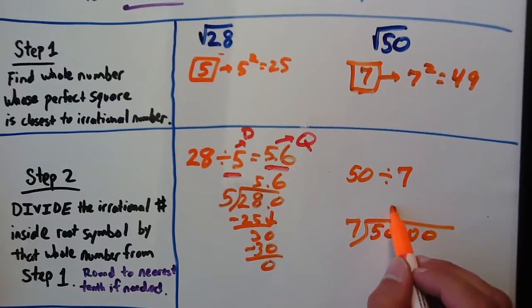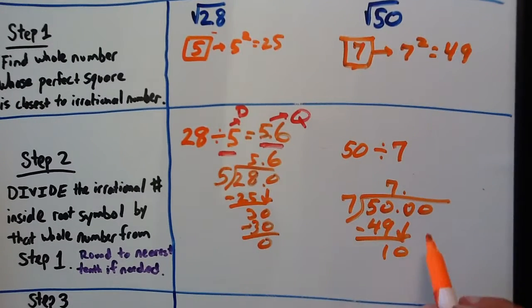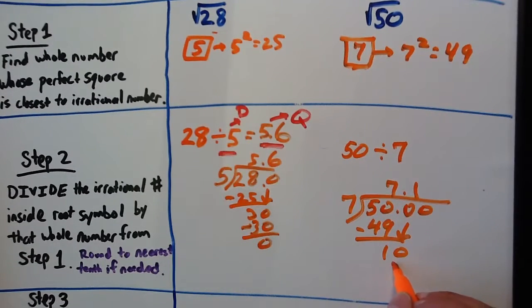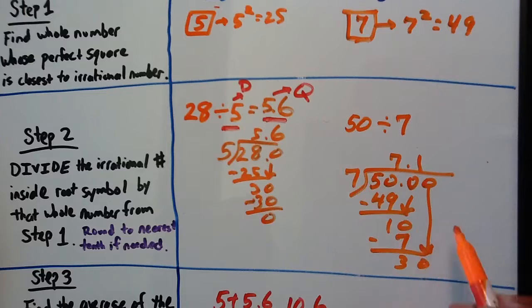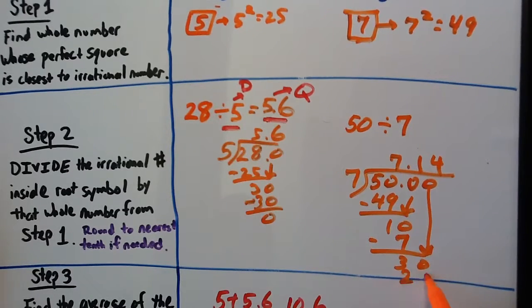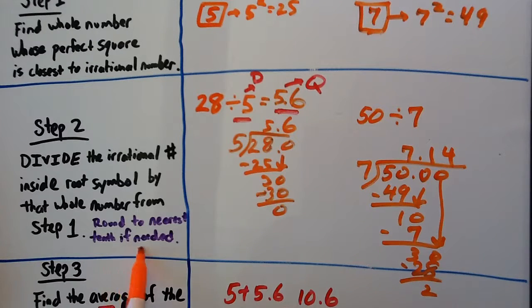7 goes into 50 7 times. 7 times 7 is 49. I subtract, bring down the 0. 7 goes into 10 one time. 1 times 7 is 7. I subtract 10 minus 7 to be 3, bring down the 0. 7 goes into 30 4 times. Now, this hasn't ended yet. We can keep going, but you should see a little note right here.